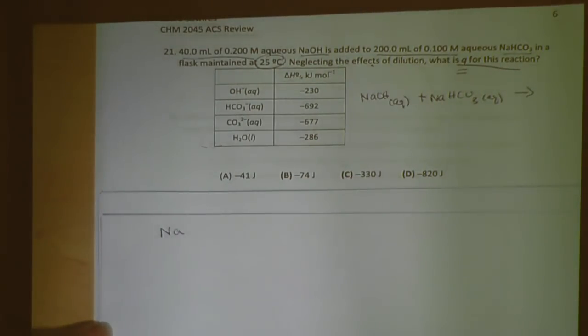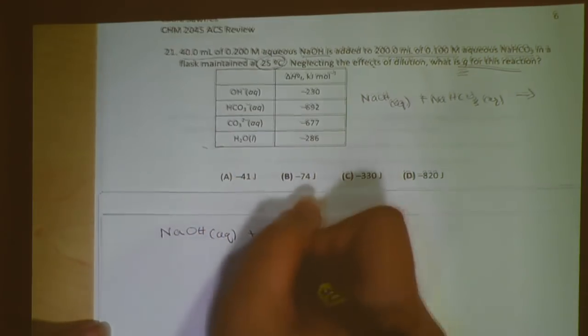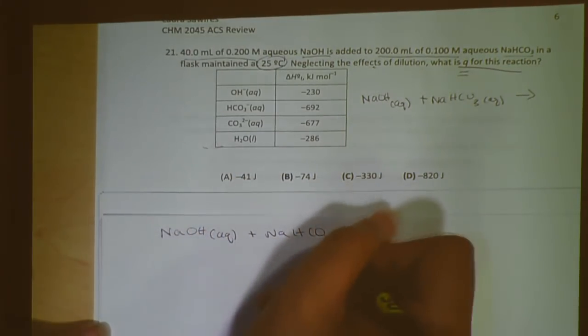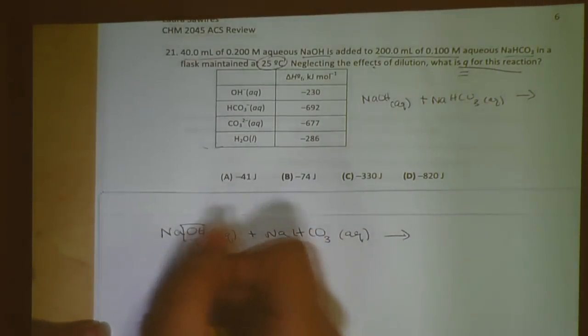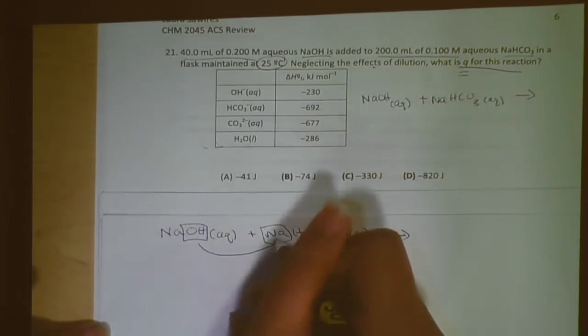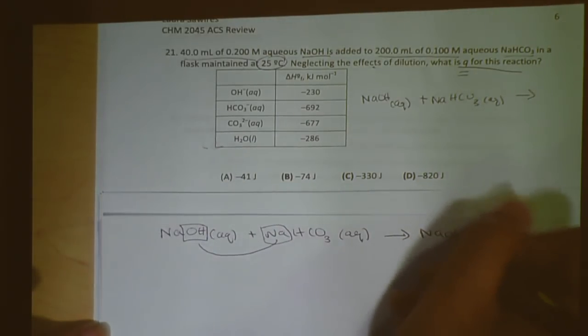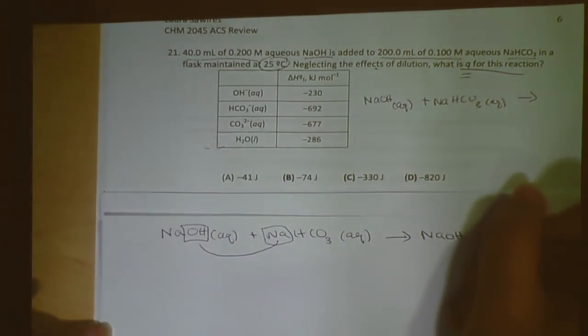So NaOH aqueous plus NaHCO3 aqueous. To do a double dissociation, you're going to substitute this one with this one. So this one and this one go together. So again, you get NaOH. NaOH has Na, which is a group 1 element, which automatically makes it aqueous, right?